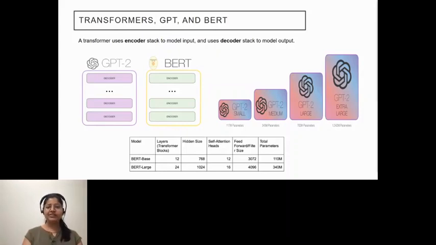Various different flavors of BERT and GPT came out, but the main variation has been in the number of parameters, the number of layers of encoder or decoder, and how many nodes within a single layer these architectures have been trained on.